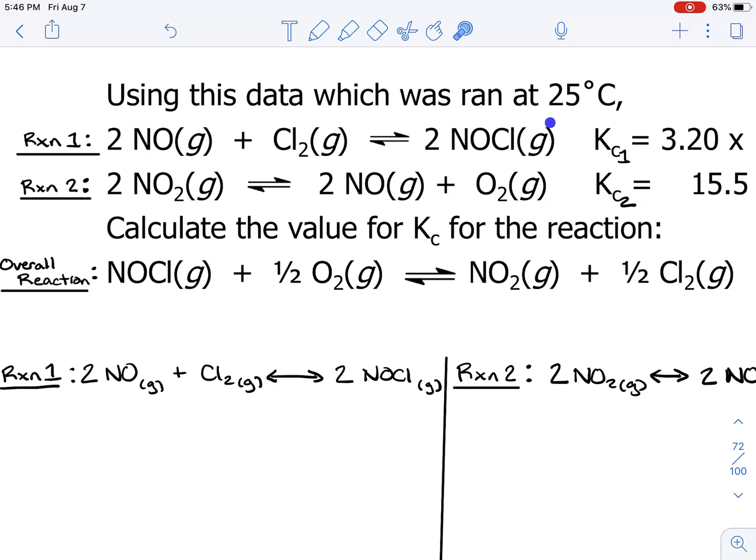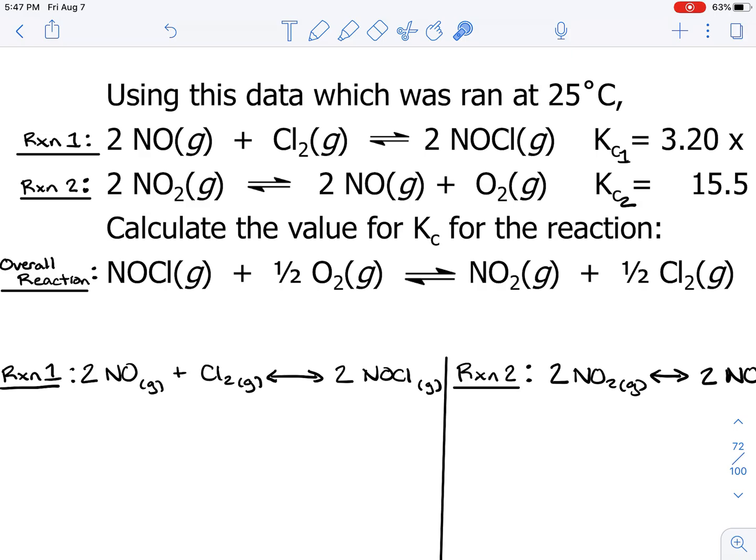And notice that it's on the right-hand side, on the product side of reaction 1. And I also want you guys to take a look at the stoichiometry. There's two NOCls here, and in the overall reaction, there's only one NOCl that's represented. So it doesn't really cancel out with anything else to reduce this number from 2 to 1.